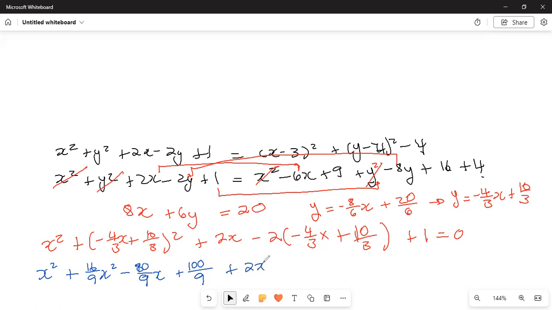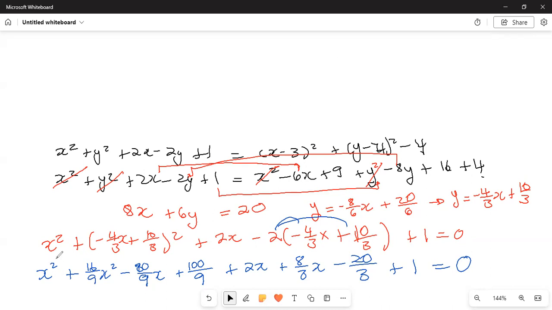Get a plus 2x, minus, multiply out, you get a plus 8 over 3 x, negative 20 over 3 plus 1.